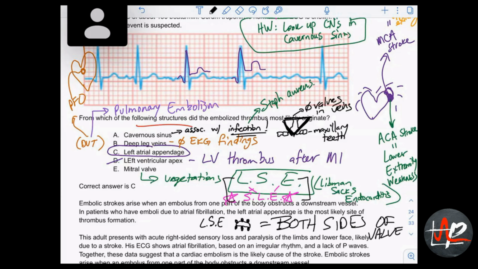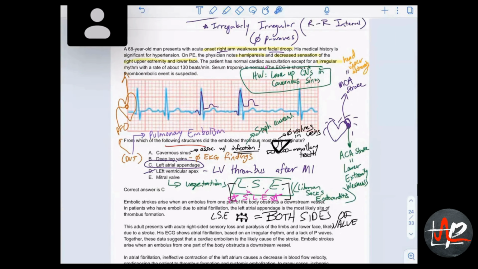This is really going to help you: if you see a question stem that there are going to be vegetations on both sides of the valve, Libman-Sacks endocarditis should be one of your top differential diagnoses. In fact, I almost always jump straight to that if I see a question that even partially mentions that there are vegetations on both sides. My radar immediately goes off looking for other things associated with lupus. Okay, so that's how I would diagnose and dissect A, B, C, D, and E.